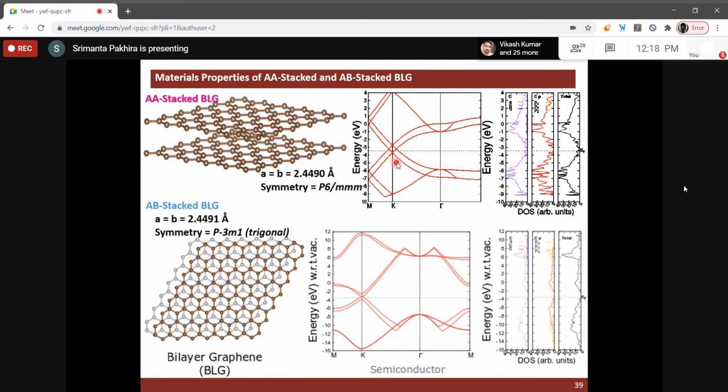We found exactly at the K point, because of two graphene layers, there are two Dirac points, but it is not a cone. It is not forming the cone exactly at the Fermi level. They are shifted either down or up.